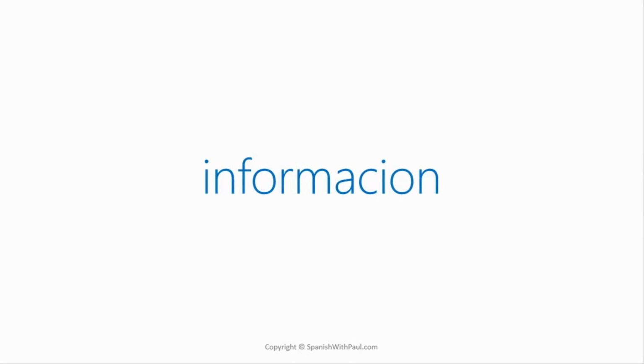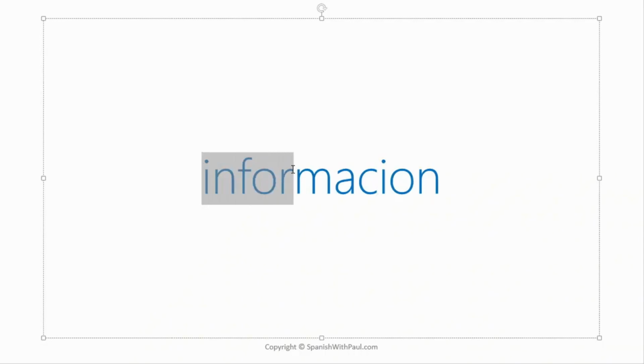Let's have a look at this word. So we have información. Let's count the syllables. So 4 syllables. Now normally the default rule is that we stress the one before last. So it would be información, stressing syllable number 3. But this word does not obey that default setting.